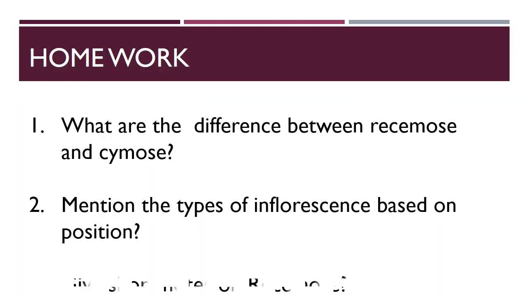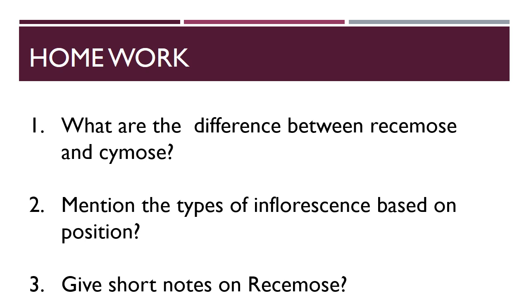What did we learn in this class? First of all, we learned about inflorescence. Inflorescence is the flower arrangement. All the flowers are arranged in a particular pattern, and that pattern varies from plant to plant. That is called inflorescence. Then the types of inflorescence.